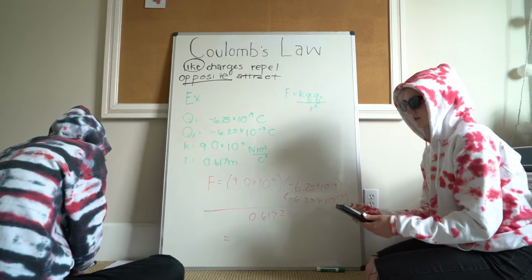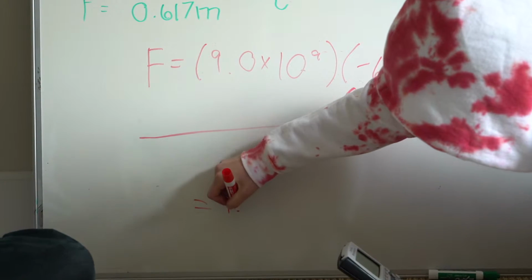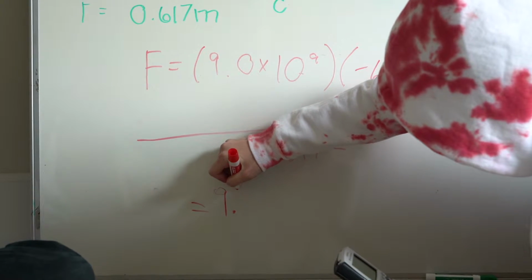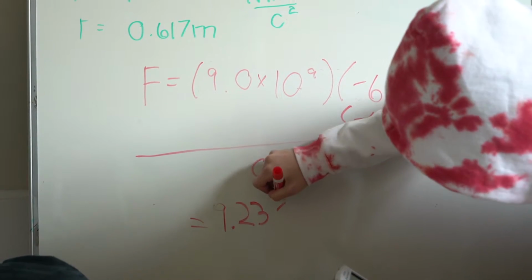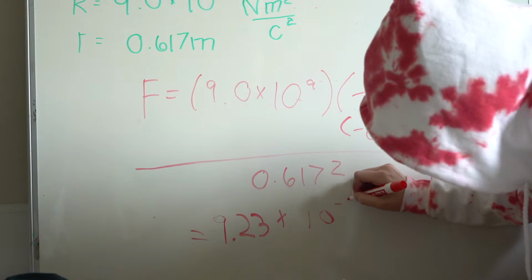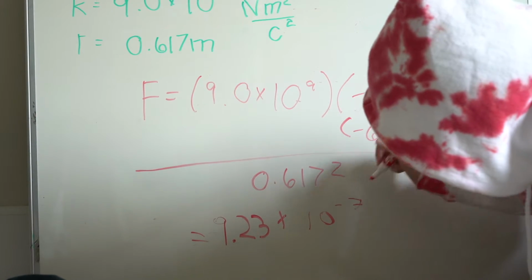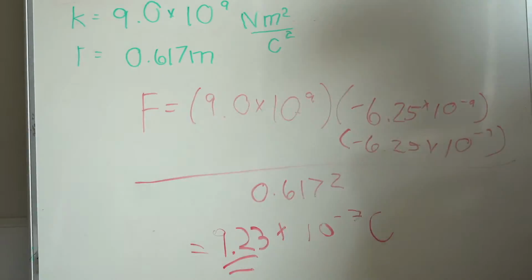So now that I've plugged it all in, the answer is 9.23 times 10 to the negative 7th coulombs. Now remember, sig figs.